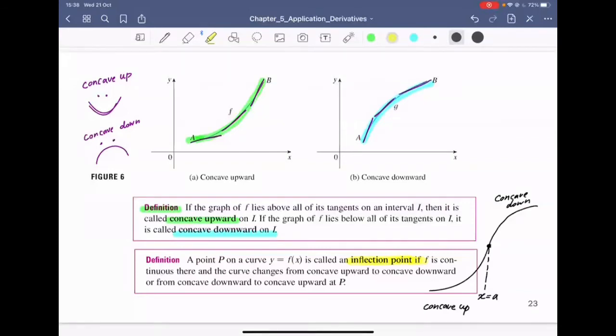In the case of concave up, the slope is getting bigger and bigger as x increases. If the slope is getting smaller and smaller as x increases, the function is concave down. The slope is the first derivative, so concave up means the second derivative is positive, and concave down means the second derivative is negative.